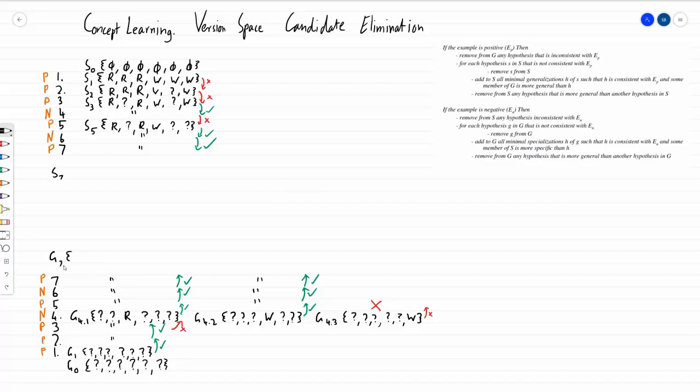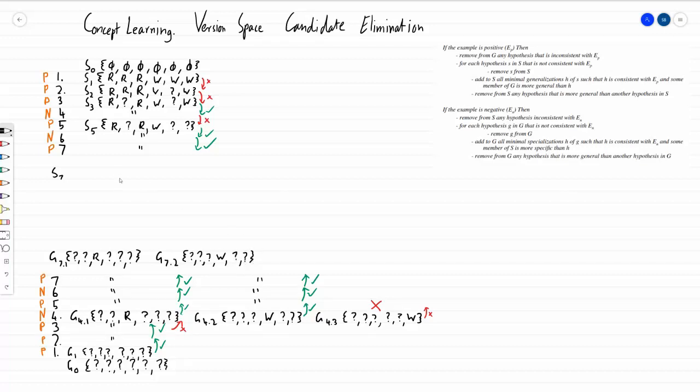Sorry, we have multiple of the general ones. We have question mark, red, question mark, question mark, question mark. And we also have G7.2: question mark, question mark, question mark, W, question mark, question mark.